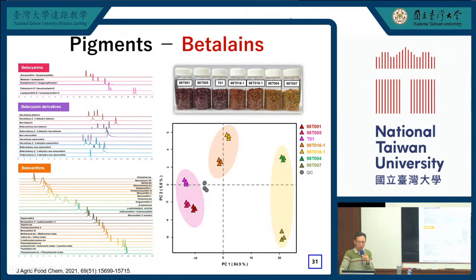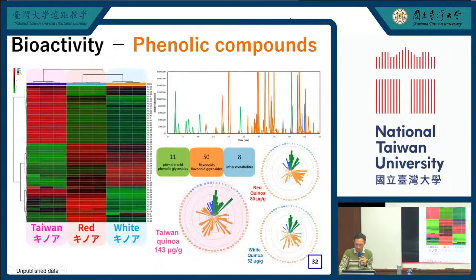And again, I could distinguish the different types of Julius using the beta-cyanins, because they are the pigments in Julius. These three are purple, these two are yellow, and these two are orange. So I can discriminate them very clearly by using metabolite identification.